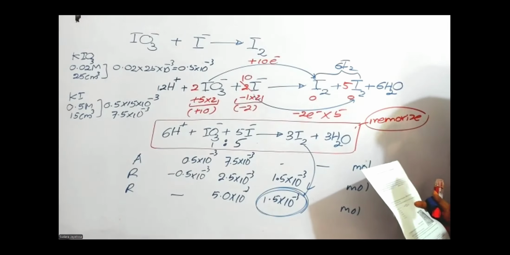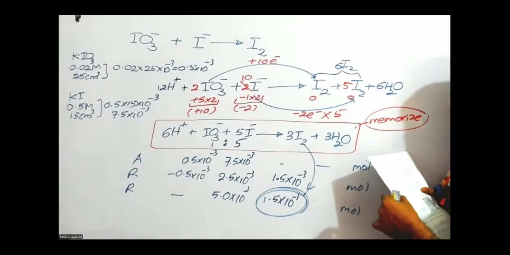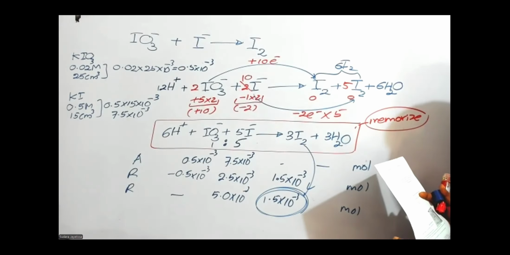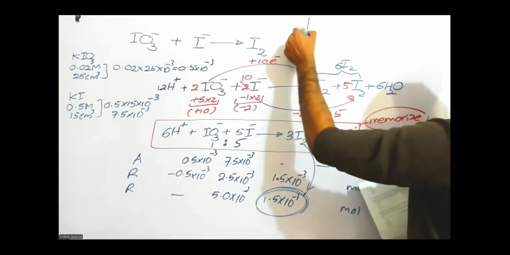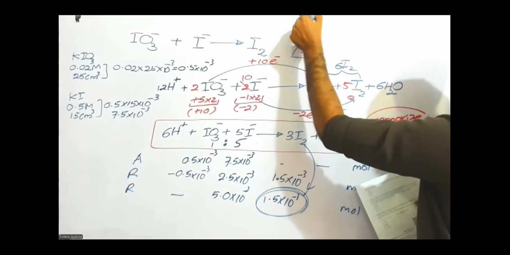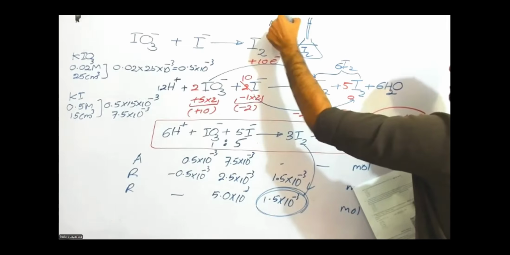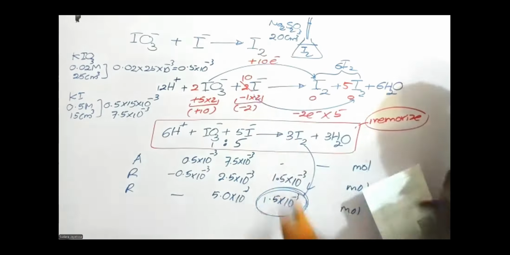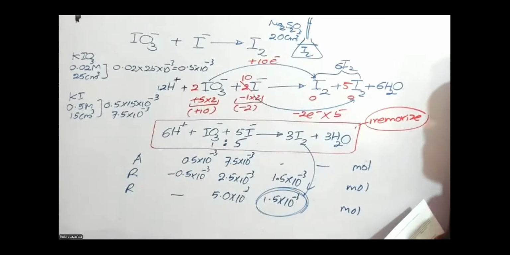According to the question, it says this is titrated with sodium thiosulfate using the starch indicator. Okay. This I2 is titrated with sodium thiosulfate. It takes 20 cubic centimeters. They're asking what is the concentration of sodium thiosulfate.